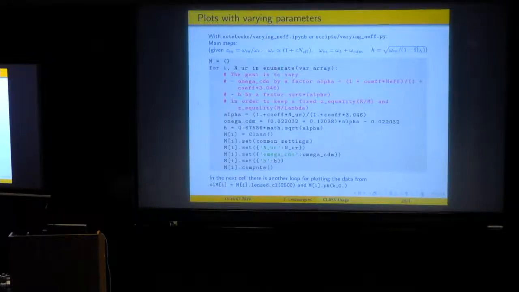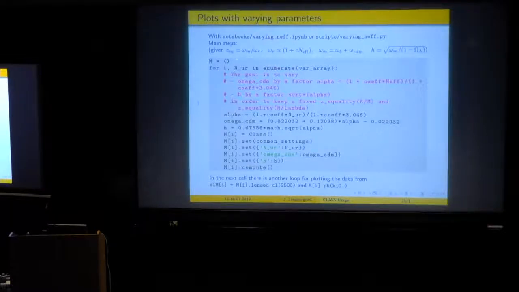So we will need to do a bit of algebra. And we will need to change h, because h in this basis is given by this relation. If omega_m increases, then h will change. So if you're not very familiar with this physics, this probably seems very cumbersome to you. But I just want to show you what kind of extra lines you have to write if you play this kind of game.